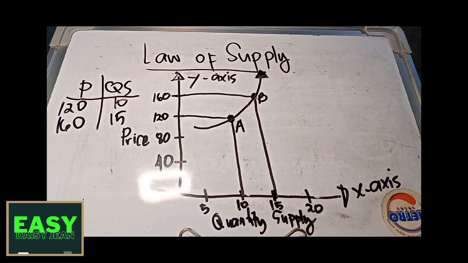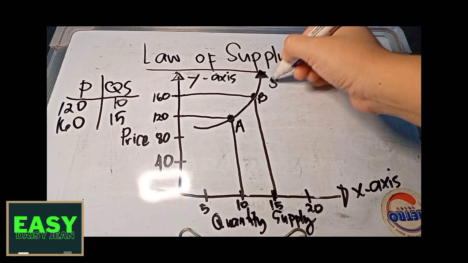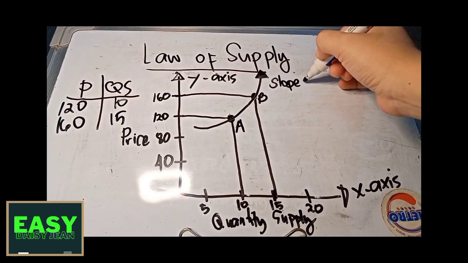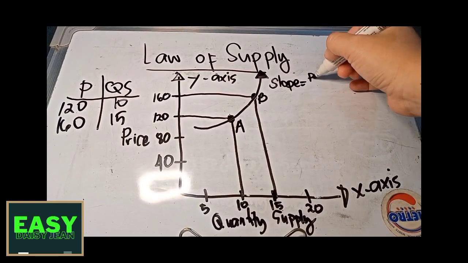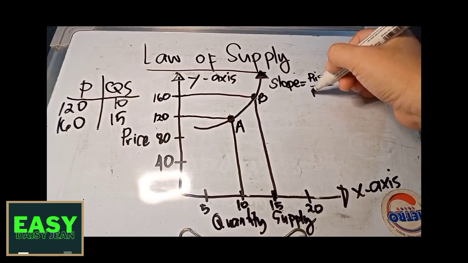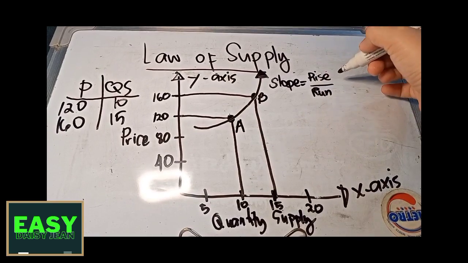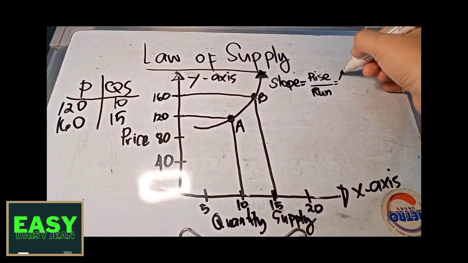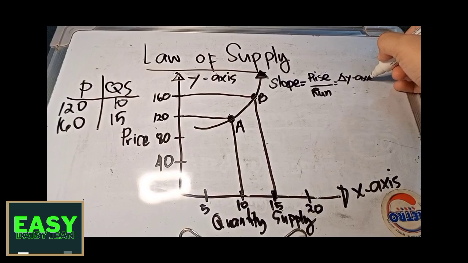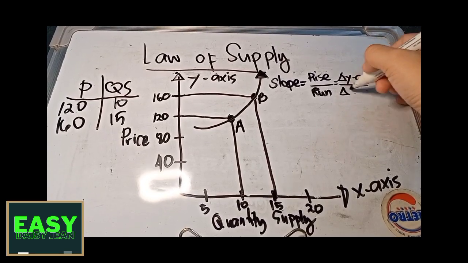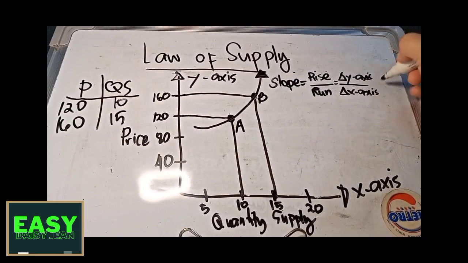Now, when in the law of demand we are solving for the slope, it is also needed that you solve the slope in the law of supply. So, the easiest part of this is the slope has the same formula for the supply and the demand. Okay? So, same lamang po ang ating formula.